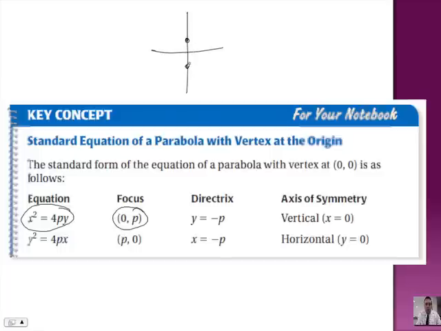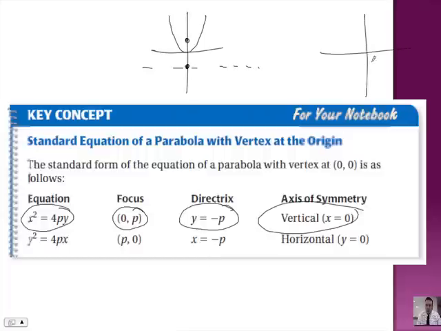Okay, p can be negative. Next one. I'll just say it's up, which means your directrix is this way. Now your directrix is always y equals negative p, the opposite of whatever p is. And then your axis of symmetry is this way. So it's x equals 0.